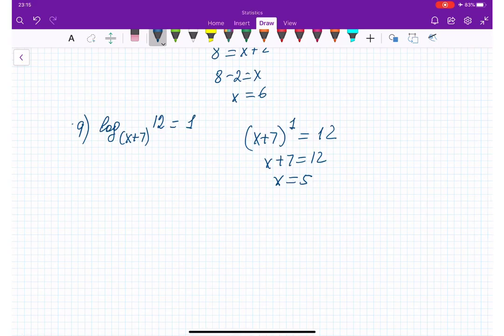Question number 10. 2x minus 10 is equal to logarithm 1 by base x. Okay, so how am I going to solve this one? Very easy.